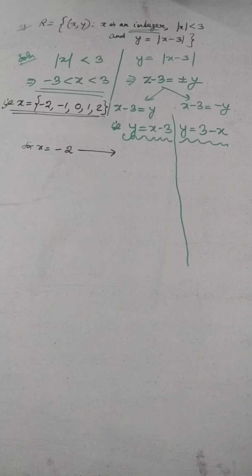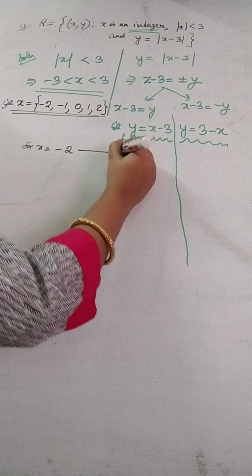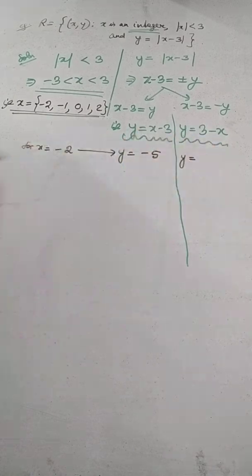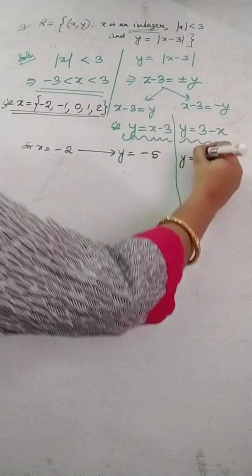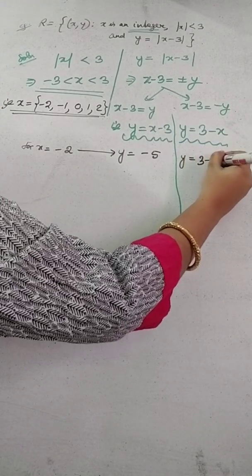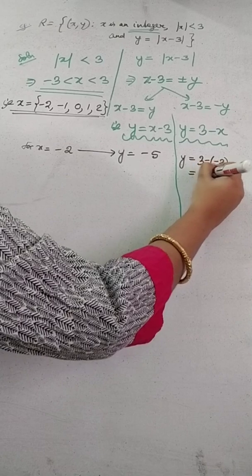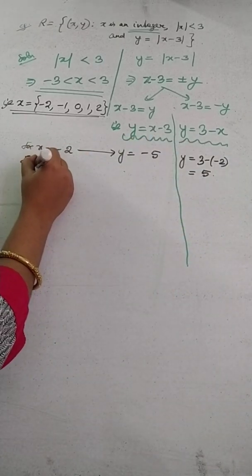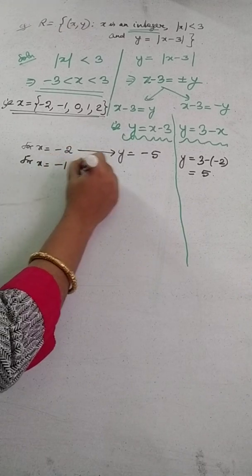Y over here is minus 2 minus 3. That gives us minus 5. Whereas y over here is 3 minus of minus 2. Be very careful. Yes, it's 3 minus of minus 2, that means 3 plus 2, that is 5.